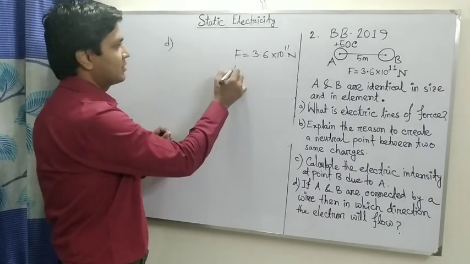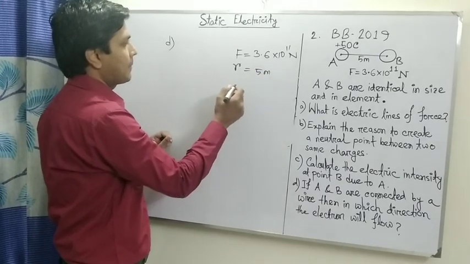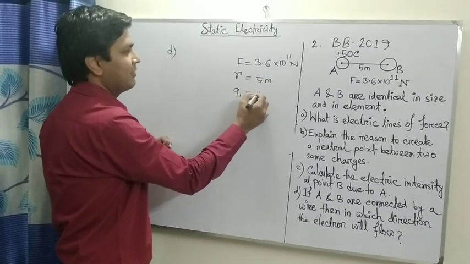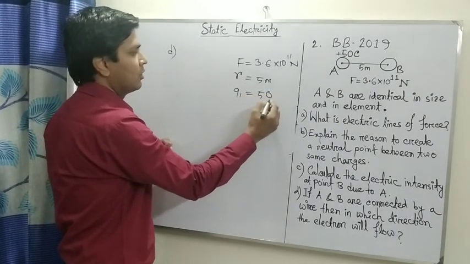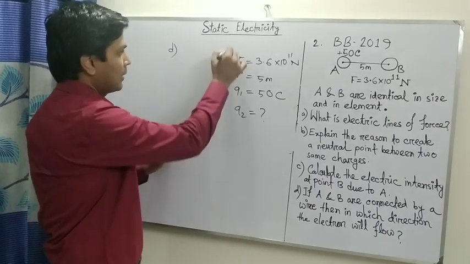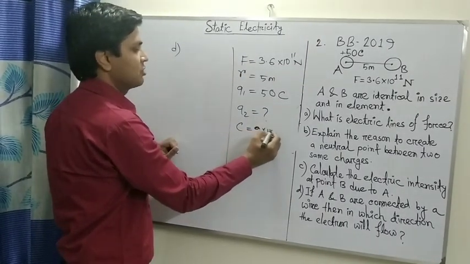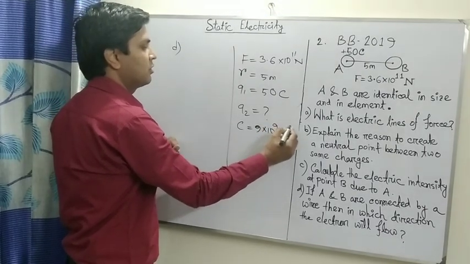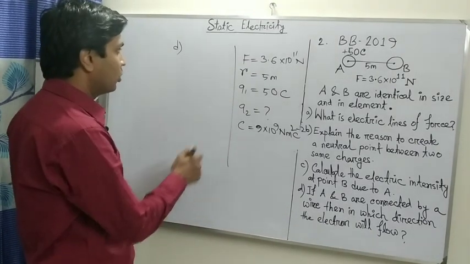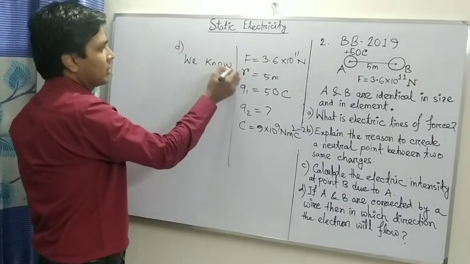The distance is given 5 meter, and the first charge Q1 is 50 coulomb, and we have to calculate the second charge Q2, and we know the Coulomb constant is C equal to 9 into 10 to the power 9 Newton meter square per Coulomb square.